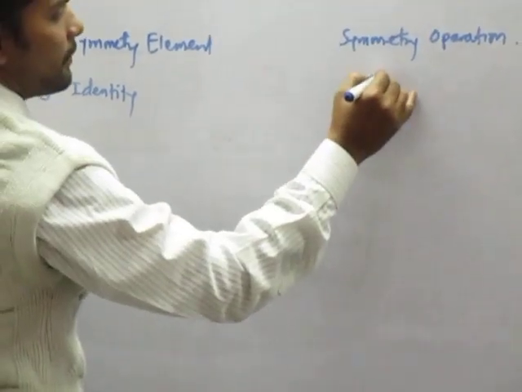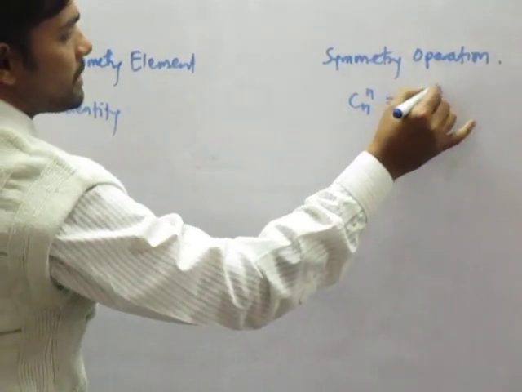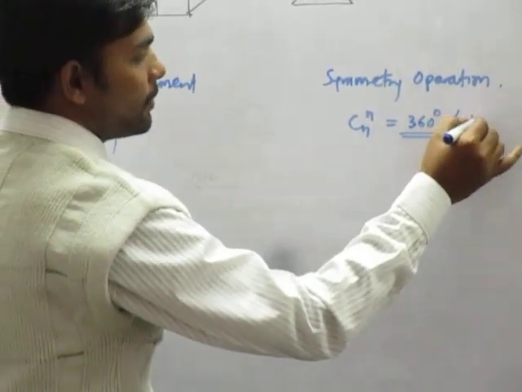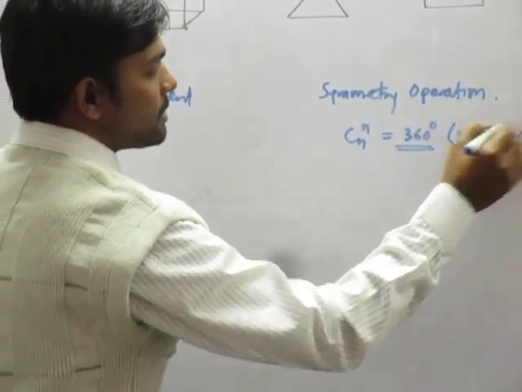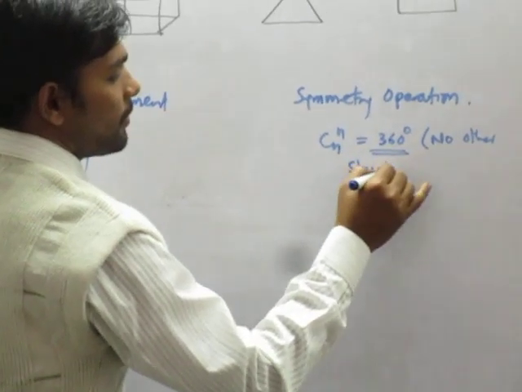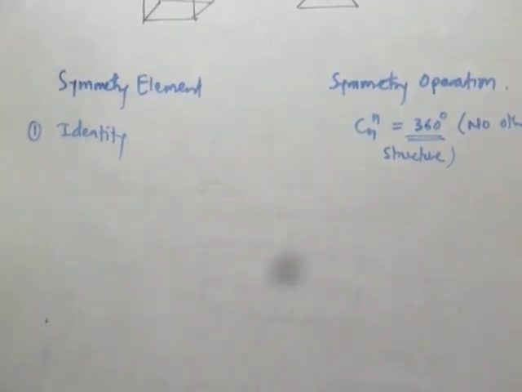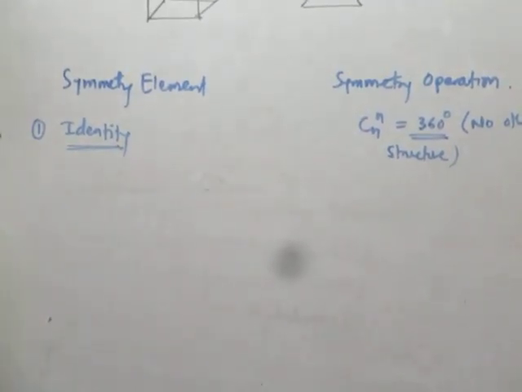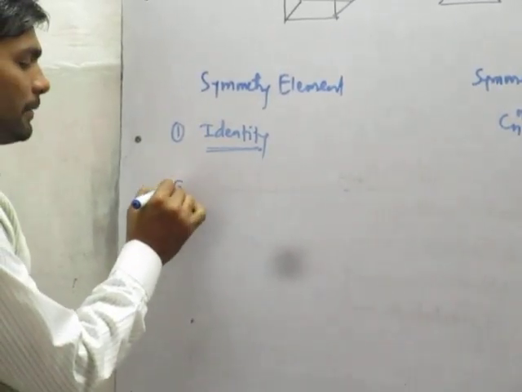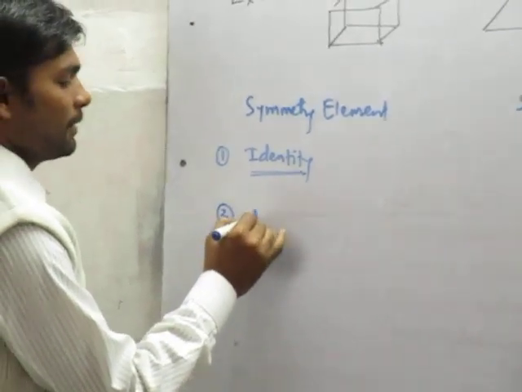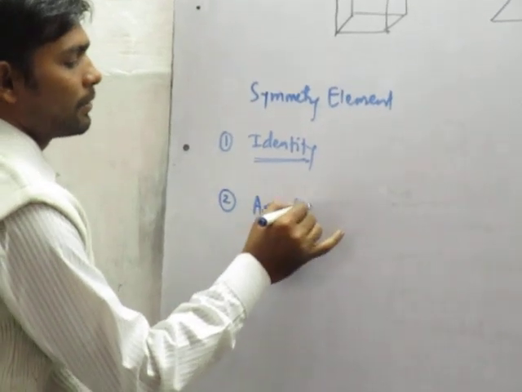There is Cn, the n-fold axis, a 360 degree rotation. No other change is produced here. So every molecule must possess identity. Second, the axis of rotation.